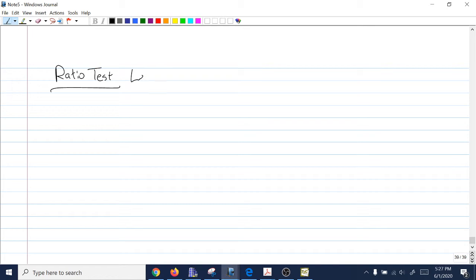Let rho, a Greek r, we're using it to represent the r-like thing, be the limit as n goes to infinity of the absolute value of a_{n+1} over the absolute value of a_n. It's the next term divided by the current term, if it exists.